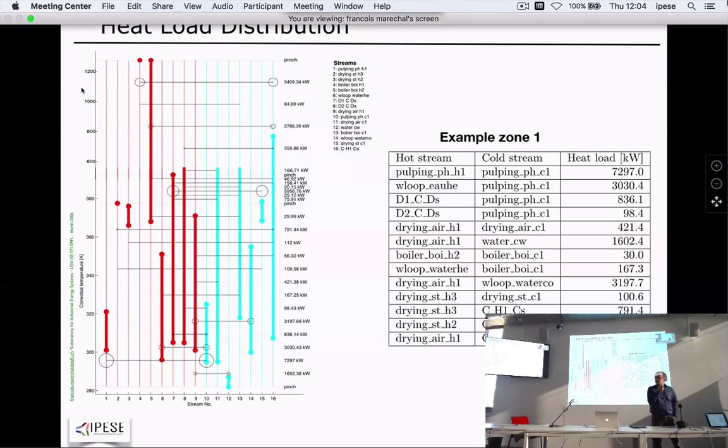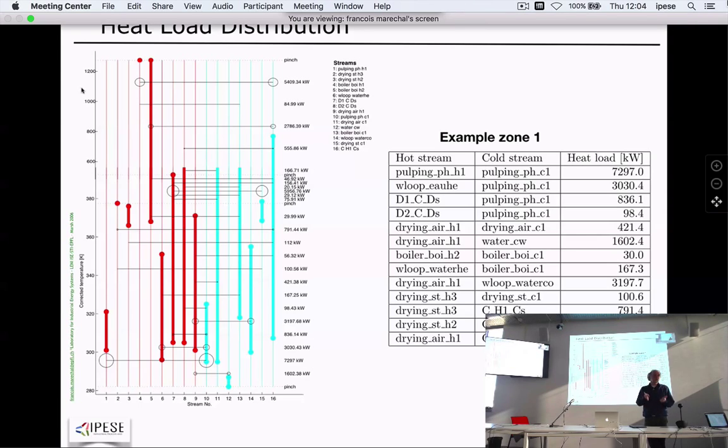Now, once we have the definition of the flows, then you can do the heat load distribution by imposing that some integer variables are now set to 0, because all the heat exchanges that are forbidden are by definition set to 0.